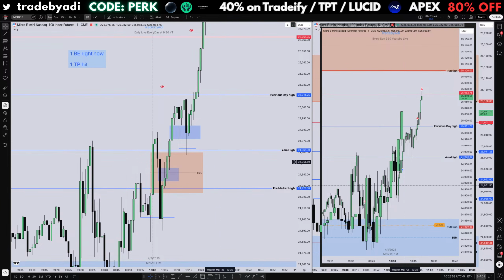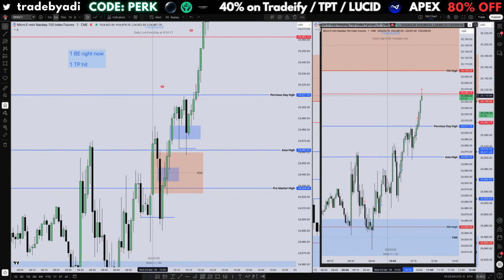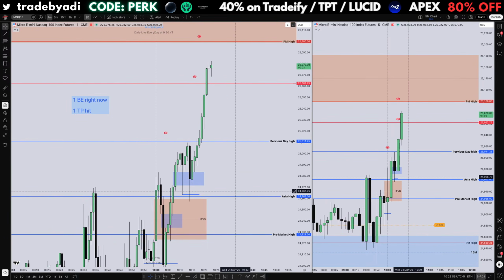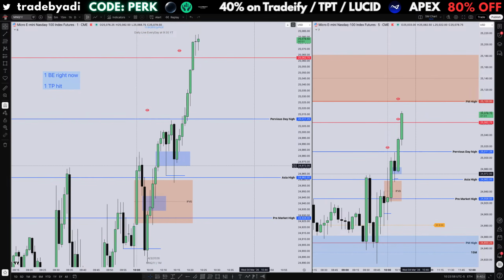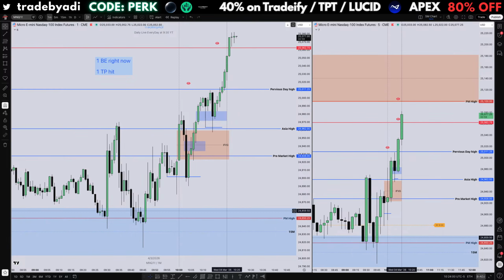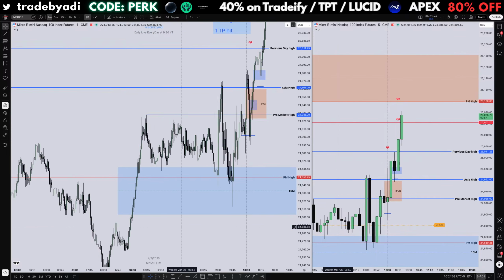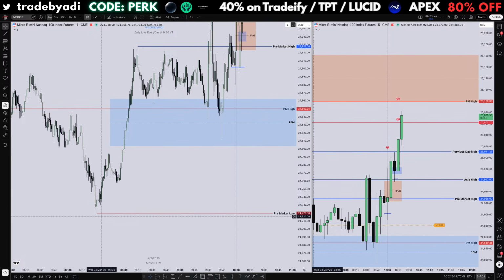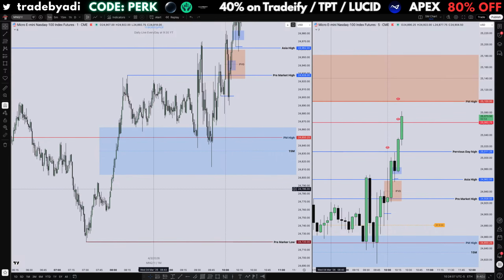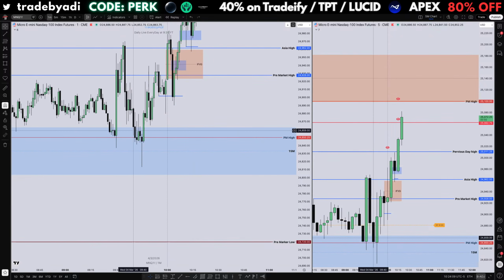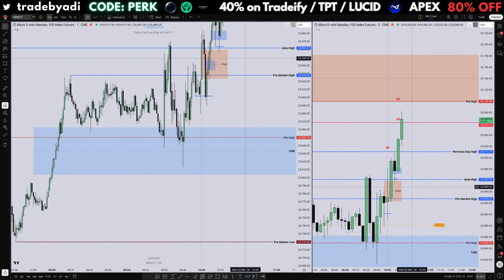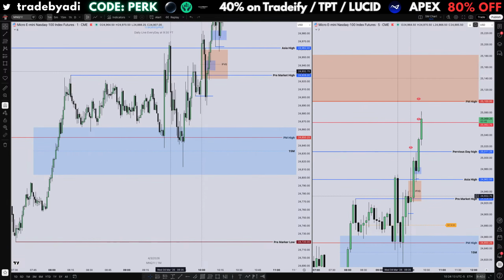Okay, so let me remove this. I will explain again. First I was looking for this draw on liquidity. I hope you understand this, because we have a stop run, we have inverted this fair value gap, and we are also getting the reaction from the 5 minute, right?